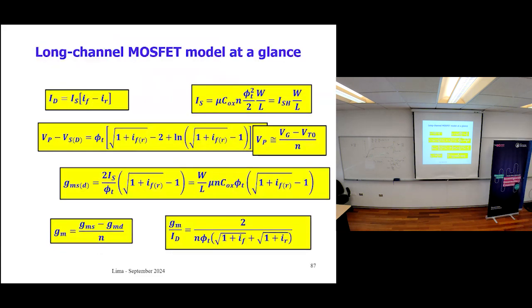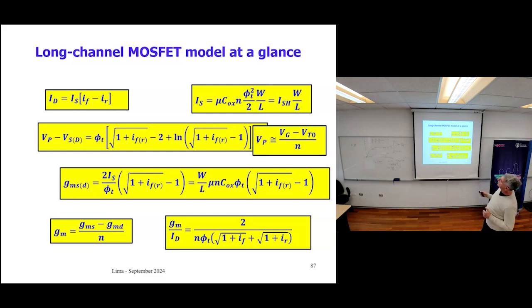This is a summary of the model. One of the parameters is the specific current.